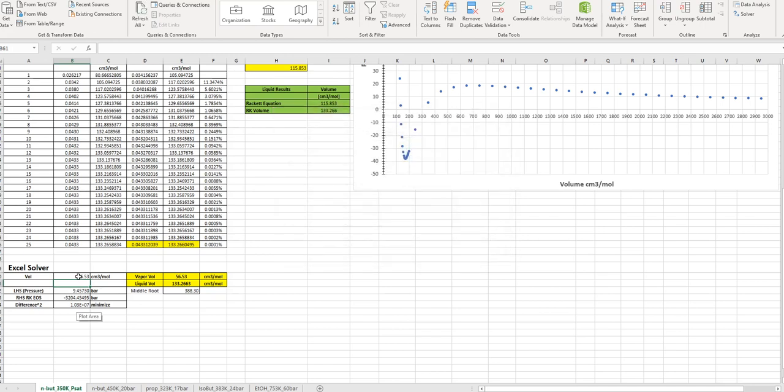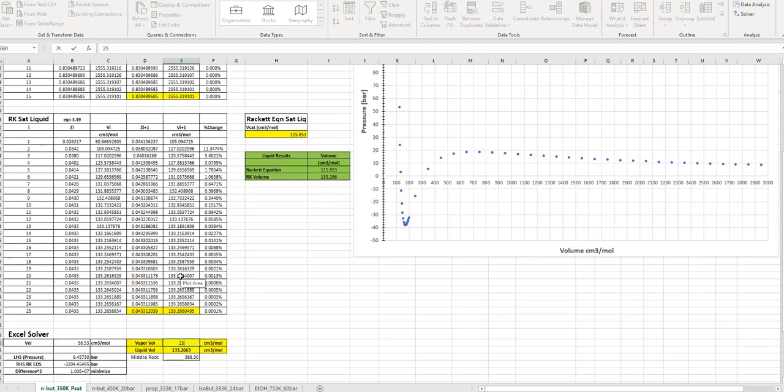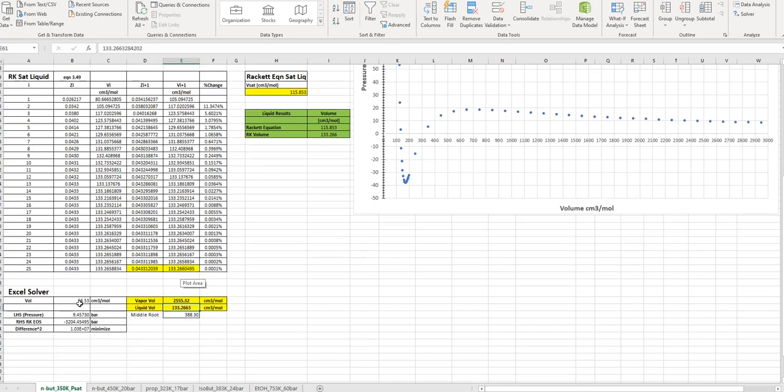What do we get here? We get 56. That's not the right root.